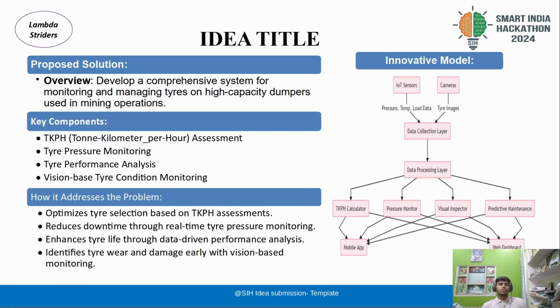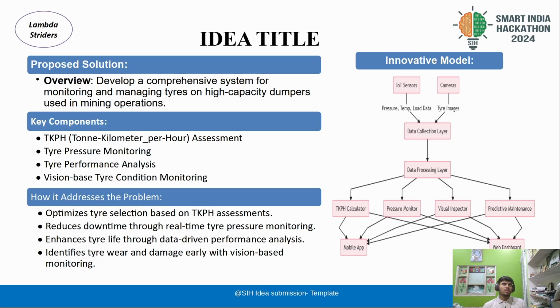So looking at our proposed solution, we'll be developing a comprehensive system for monitoring and managing tires on high capacity dumpers that are used in mining operations. These dumpers are huge machines that are used to carry the payload, the coal, out of these mines. And these dumpers consist of huge tires.